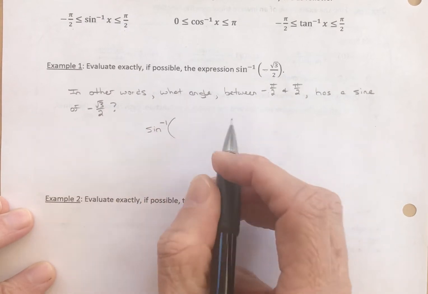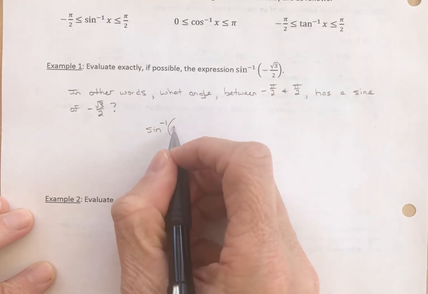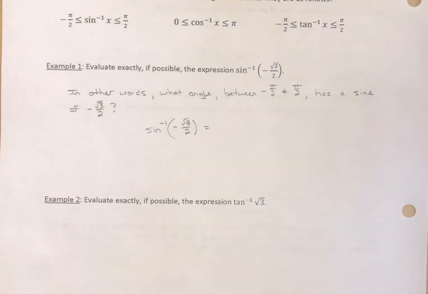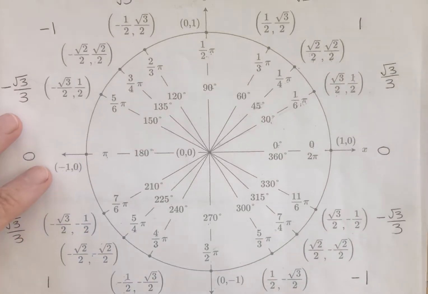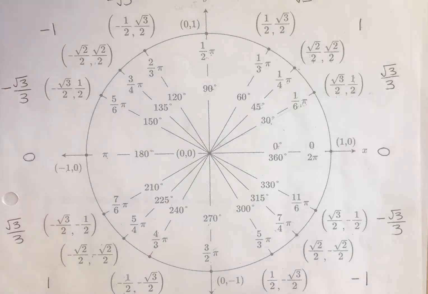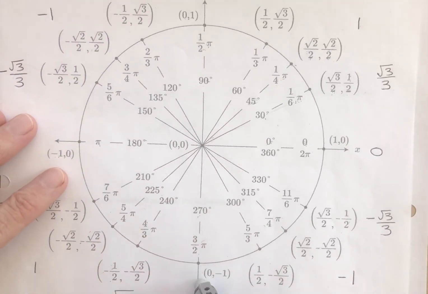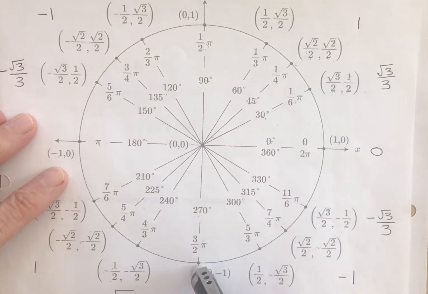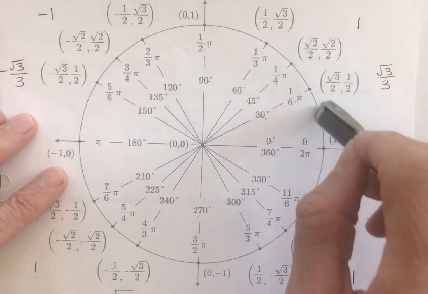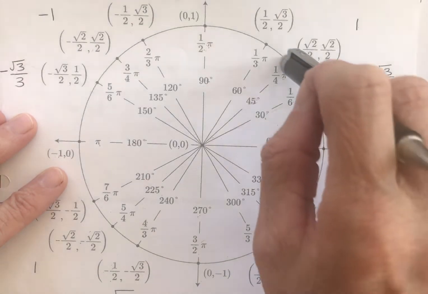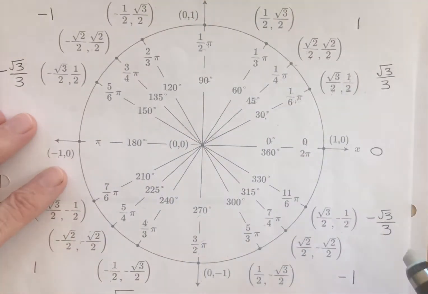Okay, so the inverse sine, what angle has this? Well, we'll go on to our unit circle chart. Now remember, the inverse sine is defined from negative pi over 2, which is back to here, up to pi over 2. So we're going to be in quadrant number 4 to 1 to find this.